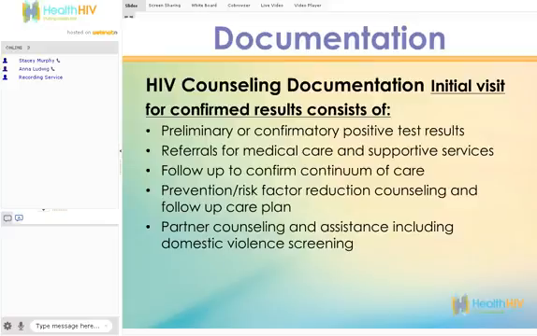Referrals for medical care and any supportive services should also be noted in the record. Follow-up care to confirm continuum of care. Prevention, risk factor reduction counseling, the care plan, partner counseling and assistance, including domestic violence screening. So these should be documented in the patient's record once there is a confirmed result.